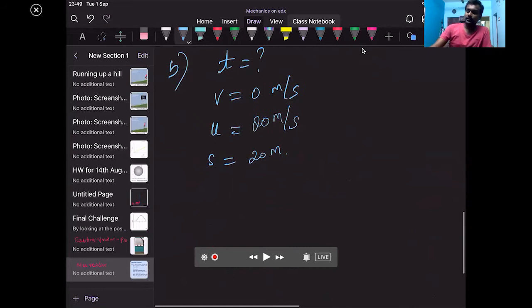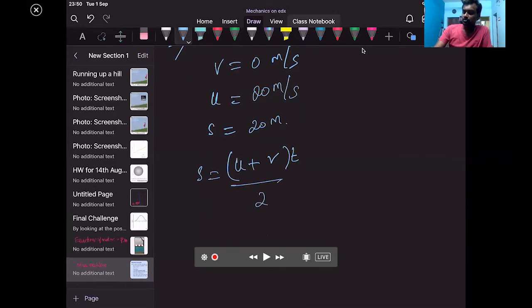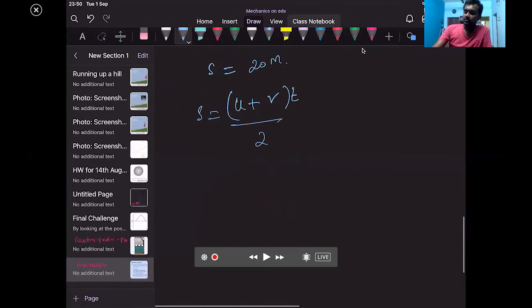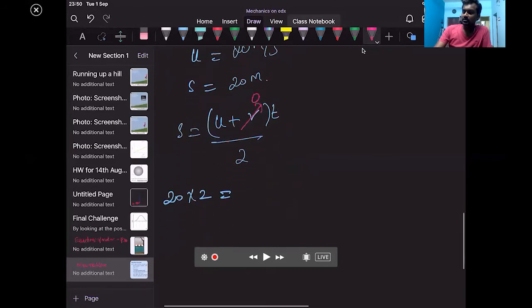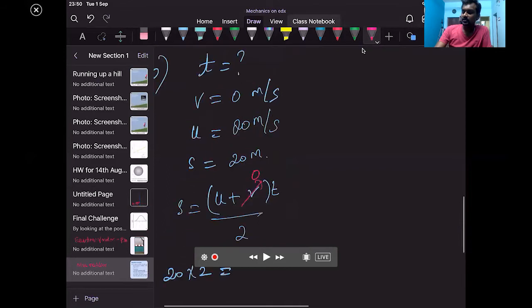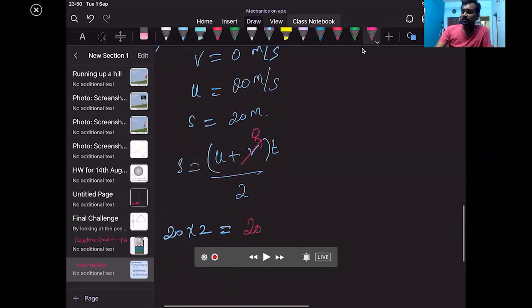If you quickly recollect, the equation we can use is s equals (u plus v) into t by 2. We need time, correct? So you get 20 times 2 equals, v is 0, so you get 20t.